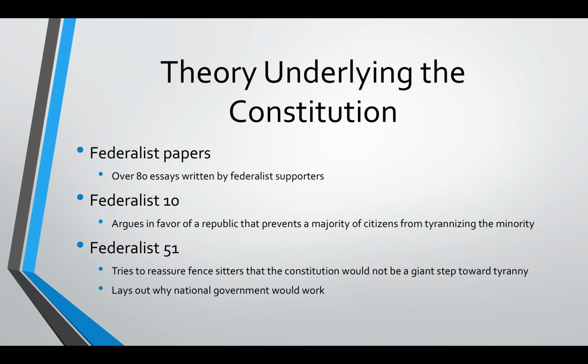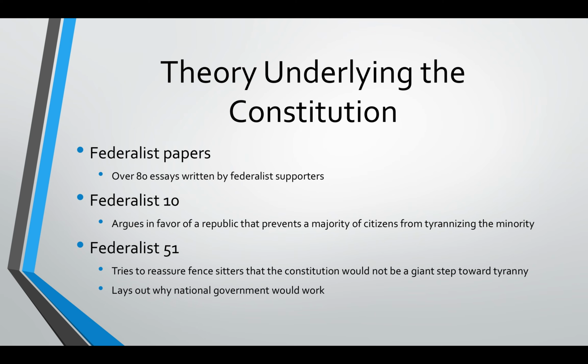Federalist 10 responded to the argument that a large republic could not survive. It argued in favor of a republic that prevents a majority of citizens from tyrannizing the minority. In Federalist 10, James Madison argued that factions could infringe on the rights of citizens and force action contrary to the interests of the community as a whole.